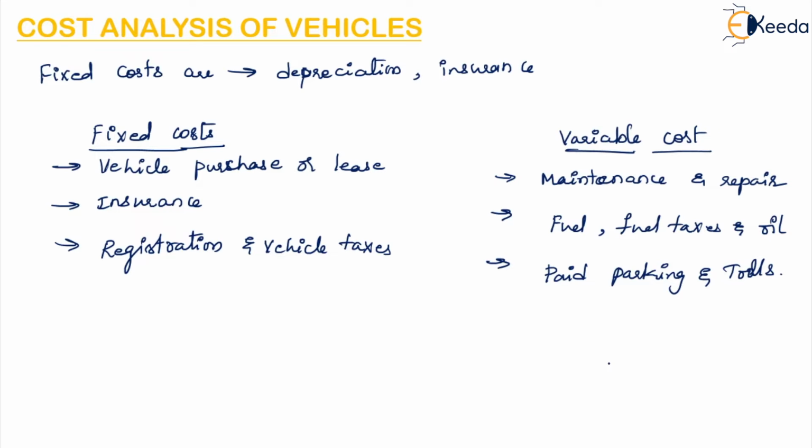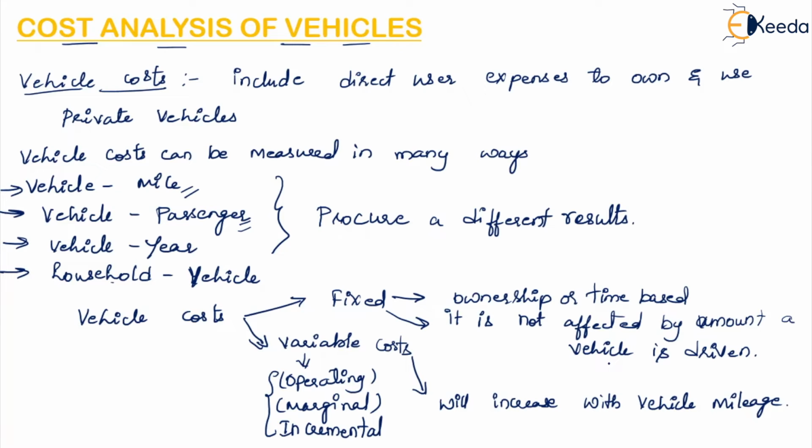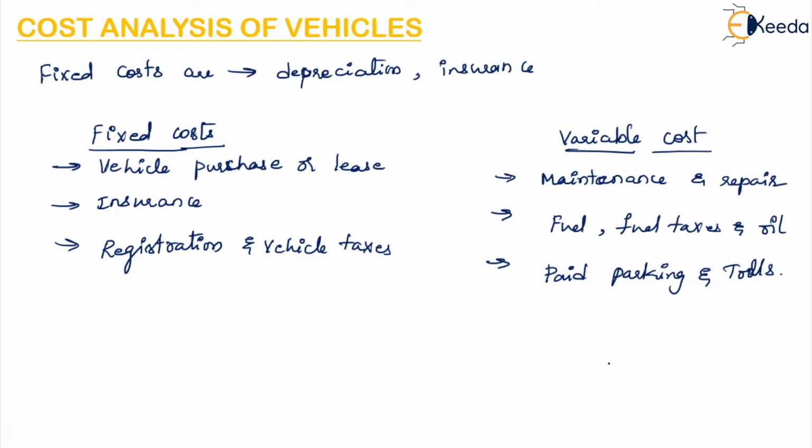These come under variable cost. Now, so we have seen the vehicle fixed and the variable cost. Variable cost, which are also called as operating cost.